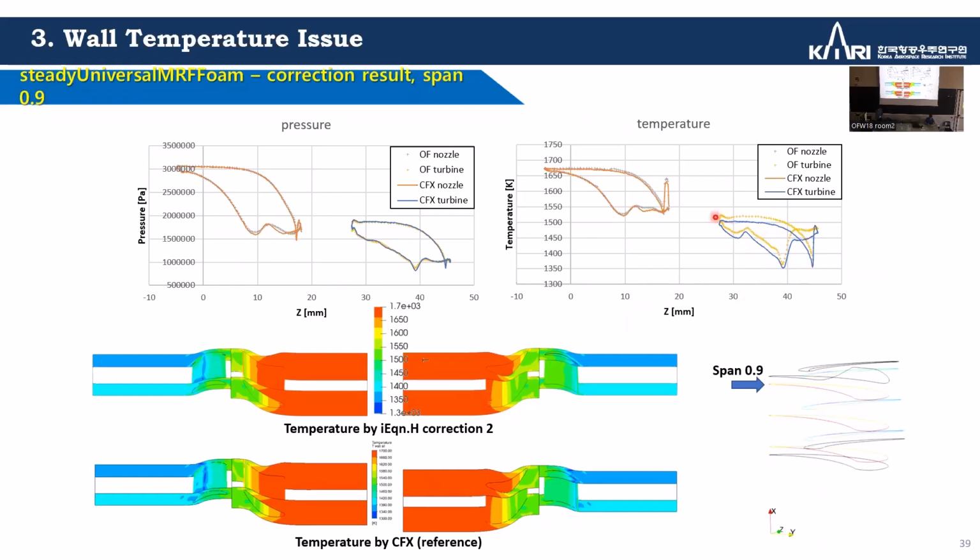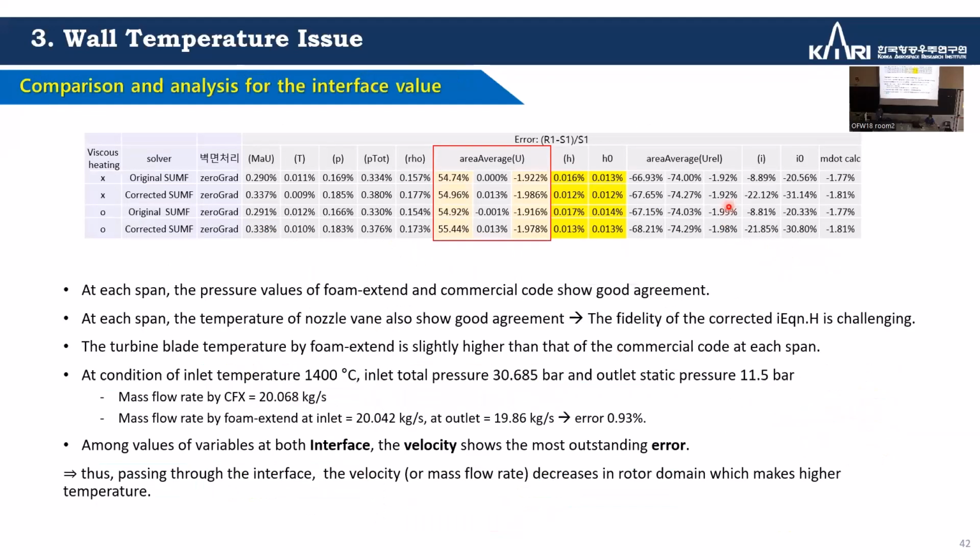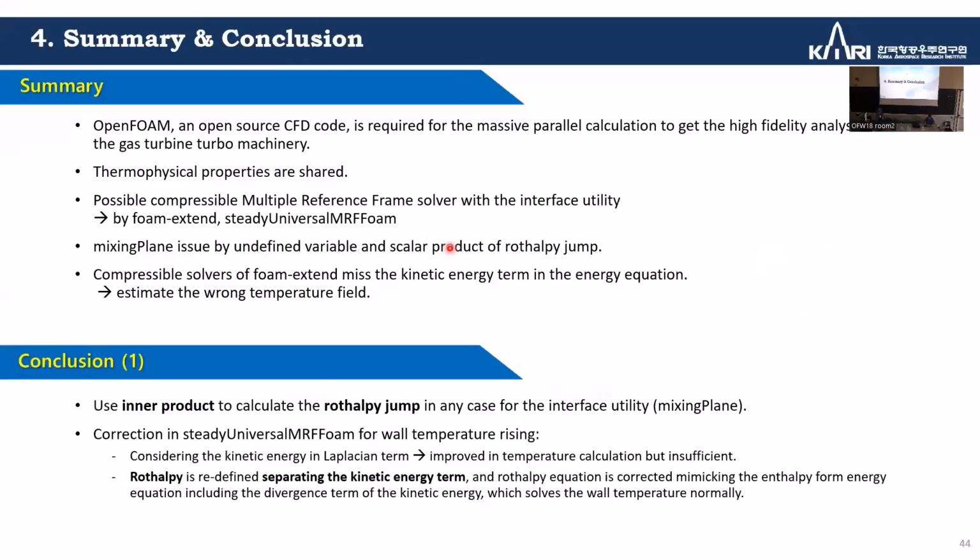But the turbine temperature is a little bit shifted up in other spans also. It is because I presume that in the mixing plane interface there are some errors in the velocity value, which makes the temperature value a little bit higher. So this is left for future work.